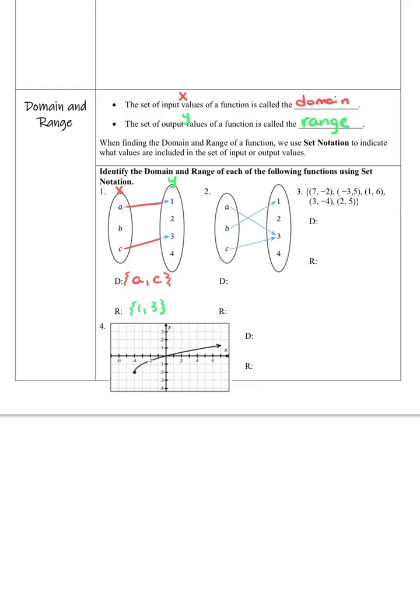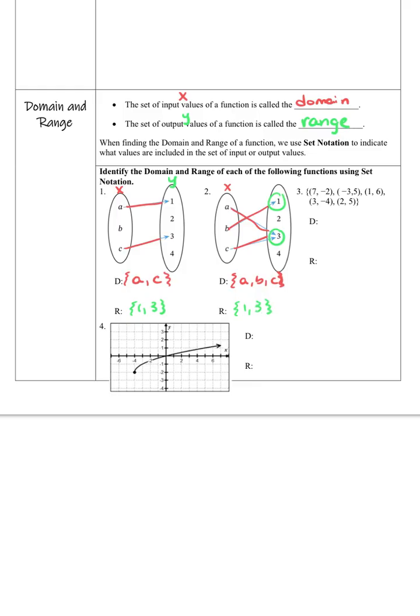For number 2, we have A, B, and C as our domain, or x values. And then the values we got out of that were 1 and 3. So our range would only be 1 and 3.